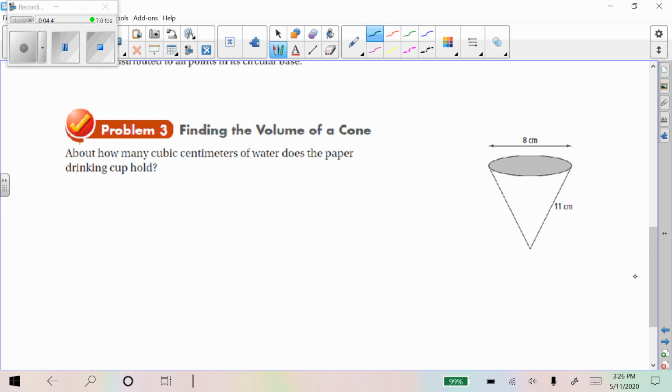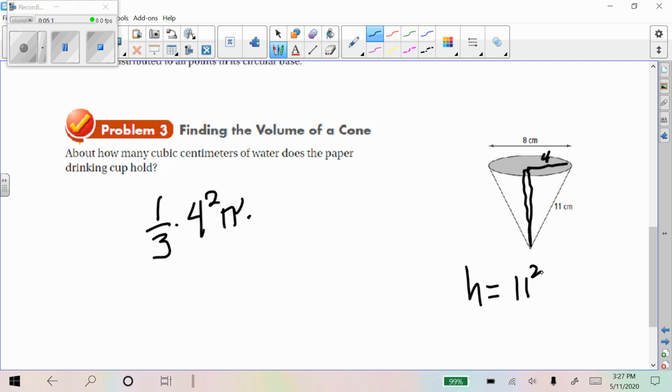So how many cubic centimeters of water does this paper drinking cup hold? It's going to hold 1/3 the volume of the cylinder, which is the base area, which is 4 squared pi, times the height. I see that they decided to give us the slant height there on this one. So we're going to go ahead and figure out what the height is. The height would be the square root of 11 squared minus 4 squared.